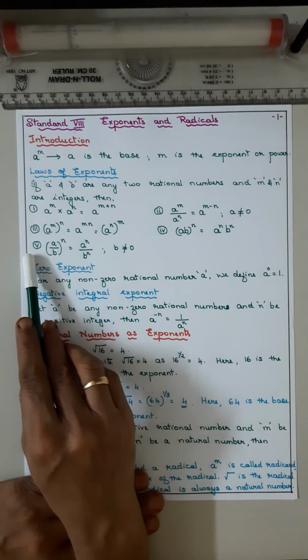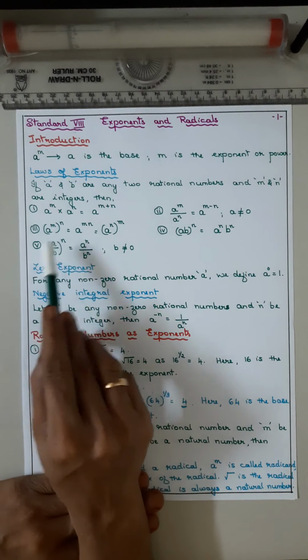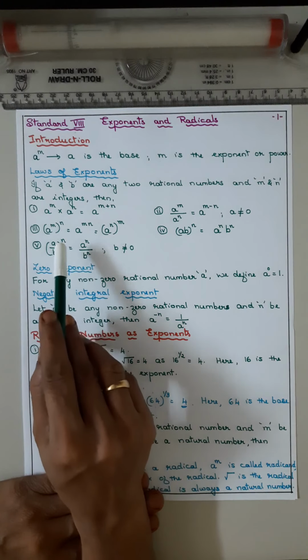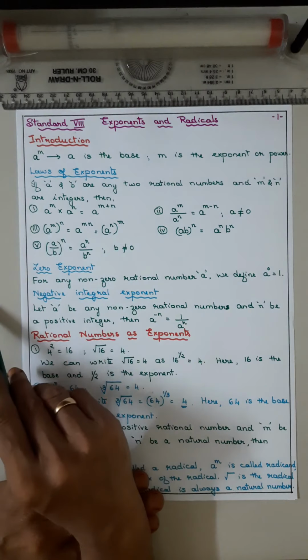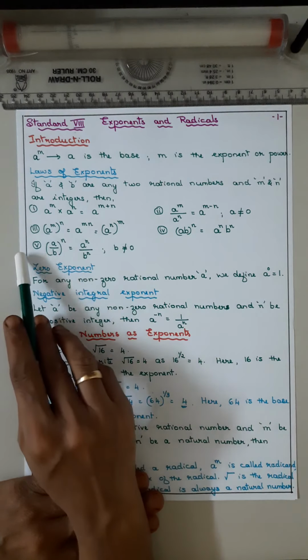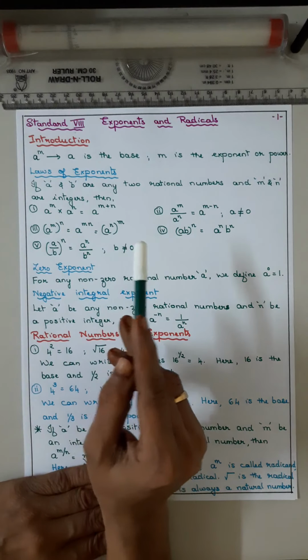Now the third law is a to the power m, bracket, power n. Then what we have to do? We have to multiply the powers, isn't it? a to the power mn. That is also equal to a to the power n, bracket, power m.